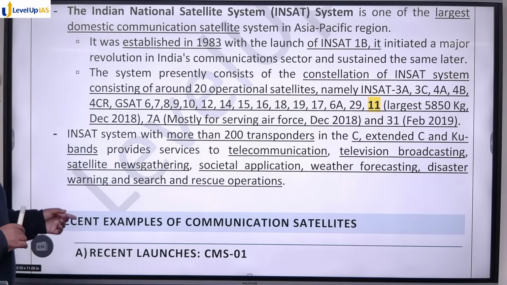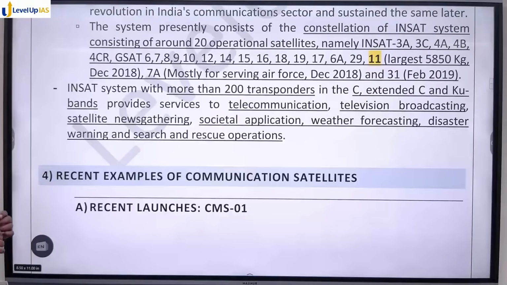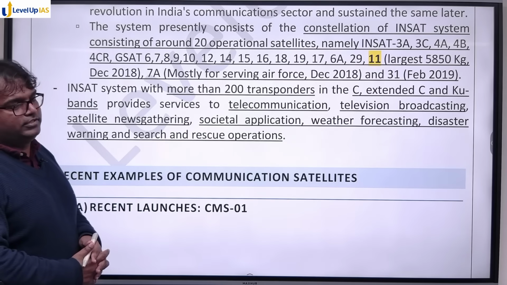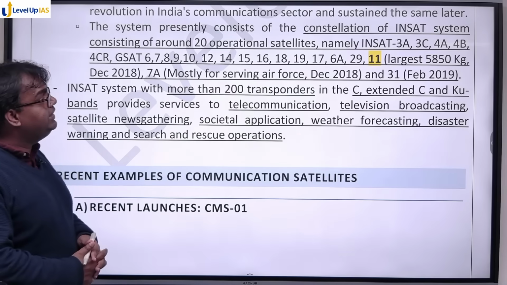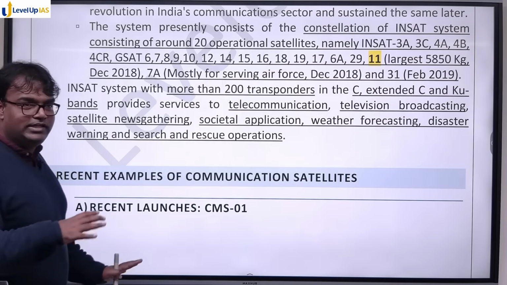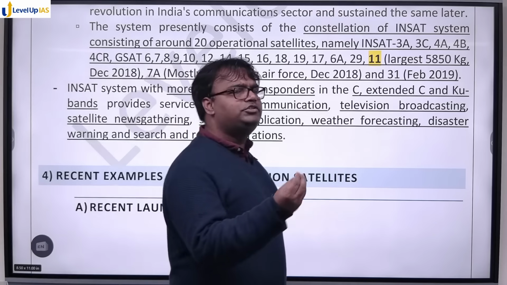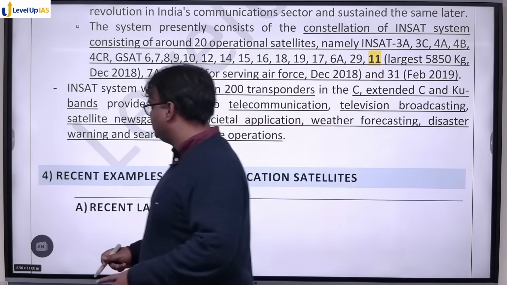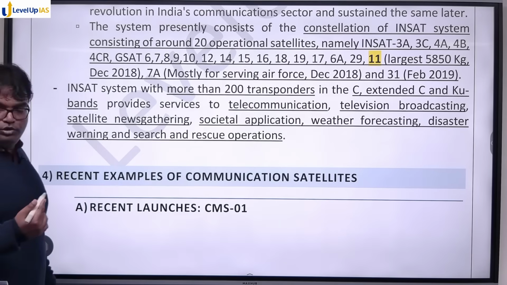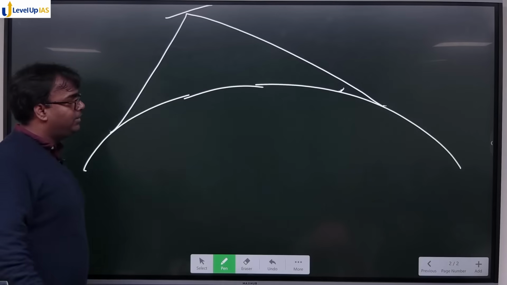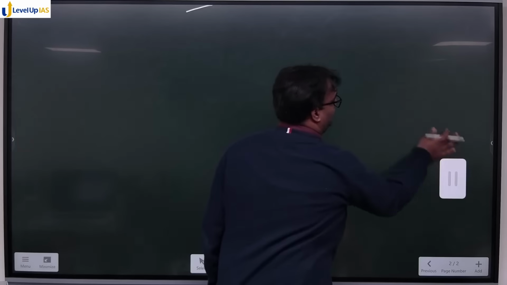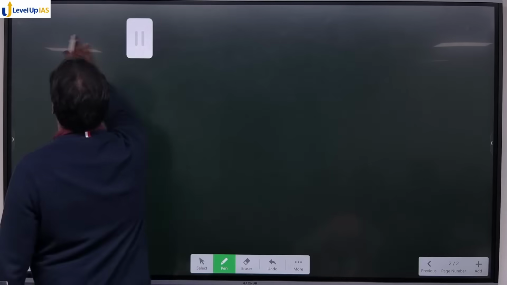Now the INSAT system has more than 200 transponders. What are transponders? Transponders in the C, extended C, KU bands, etc. Now, this may confuse you a bit, but it's not that difficult. We will cover electromagnetic waves in more detail in future classes, but let us briefly understand the electromagnetic spectrum.